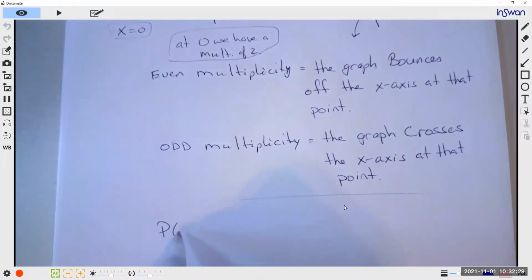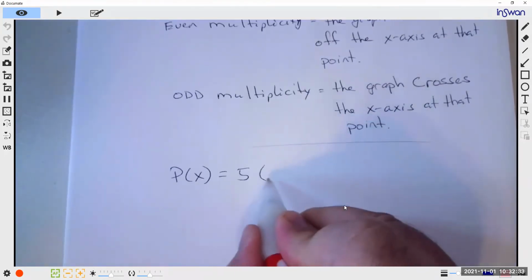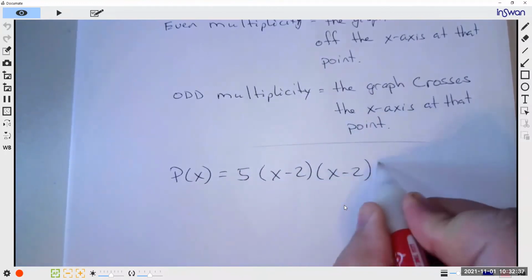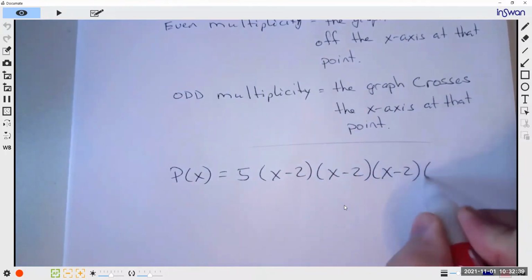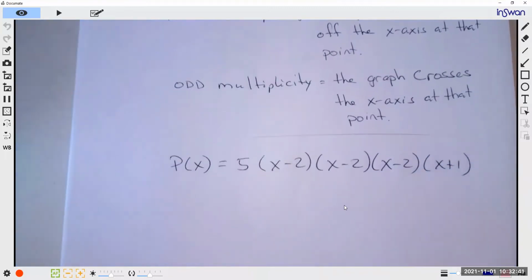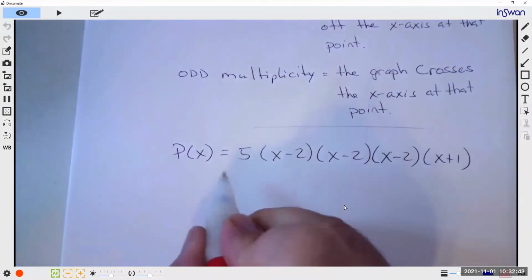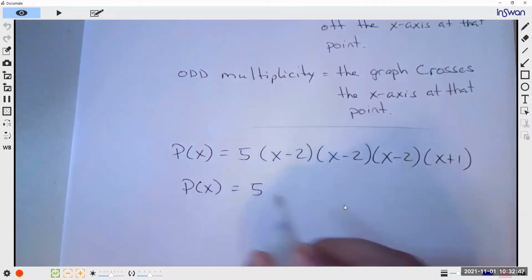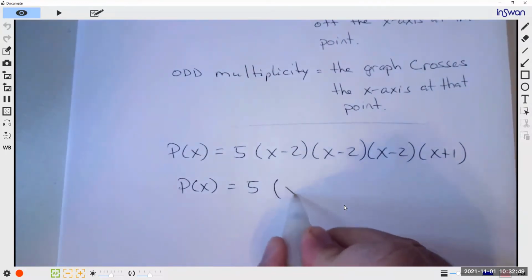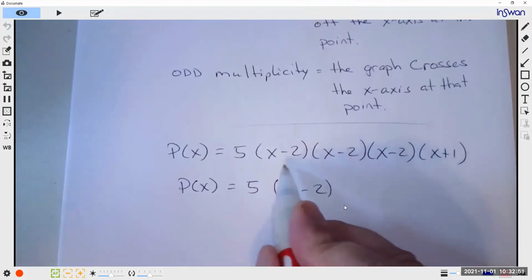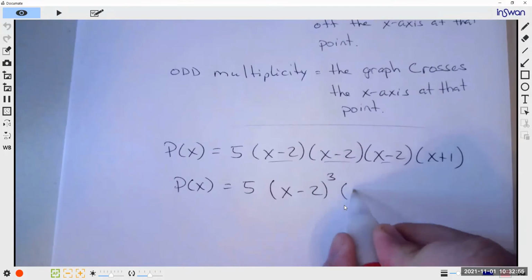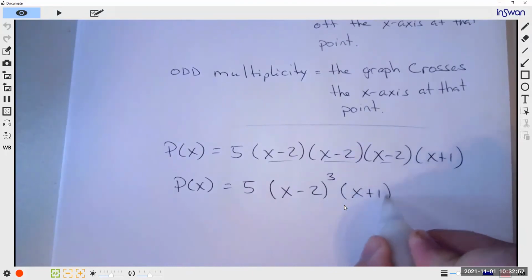So with our example, we know that x minus 2 happens 1, 2, 3 times, and x plus 1 happens once.